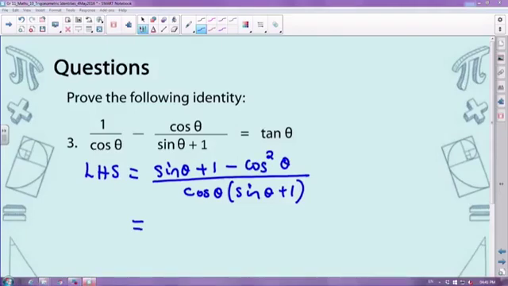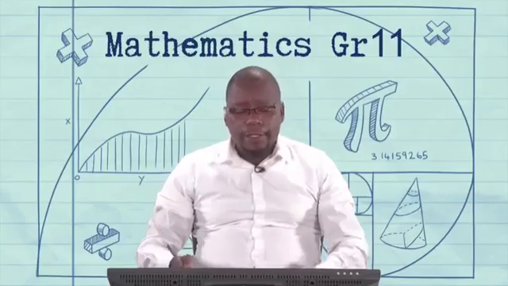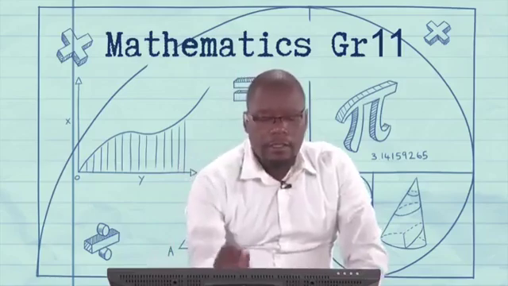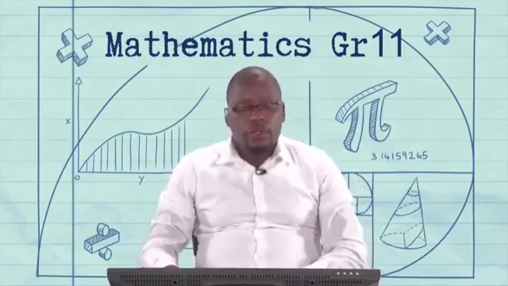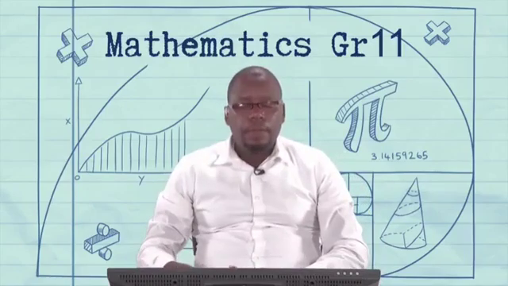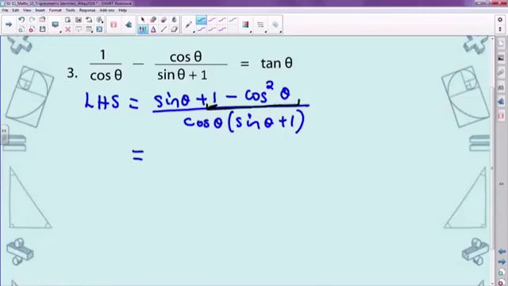equals to. Now, remember, guys, we don't rush these things. We refresh our mind. We go back. What is it that I've learned so far in grade 11? That when I see a 1, I can take it to sine squared plus cos squared theta, right? Or when I see 1 minus cos squared theta, this is sine squared theta.